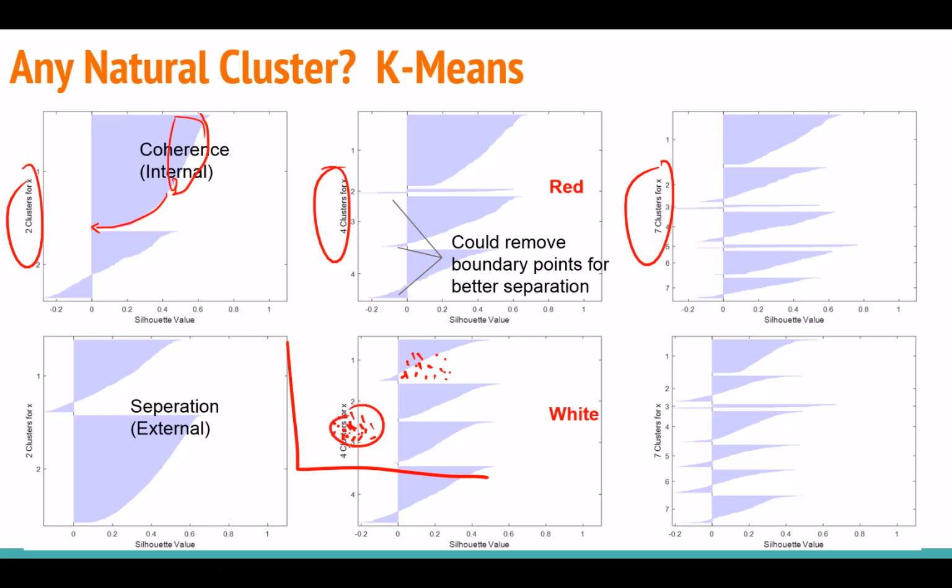This cluster has strong internal coherence because the distance between each of these points is quite small, so they're dense, they're grouped together, and then these points to those points are quite far, so there's good separation too. So separation right there, coherence internal.